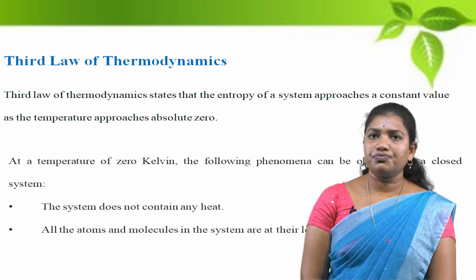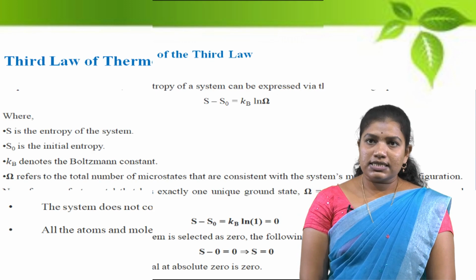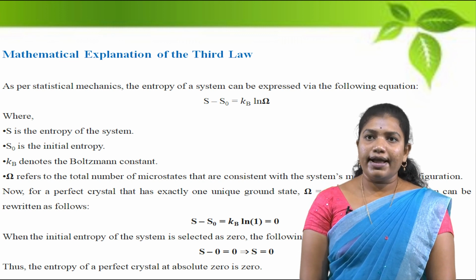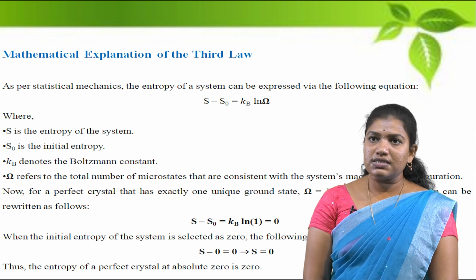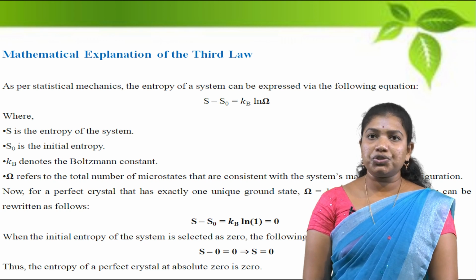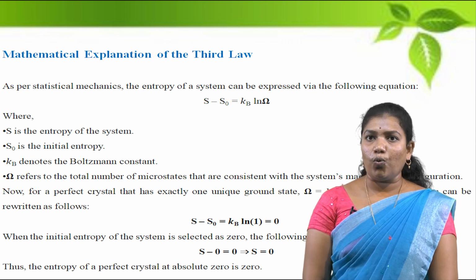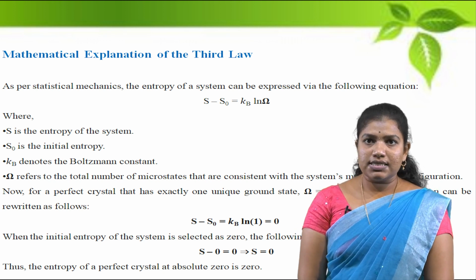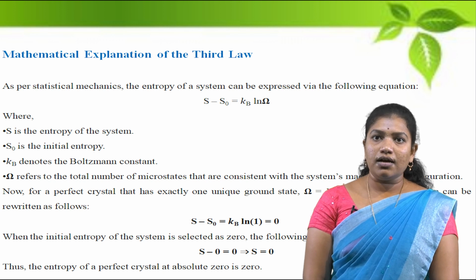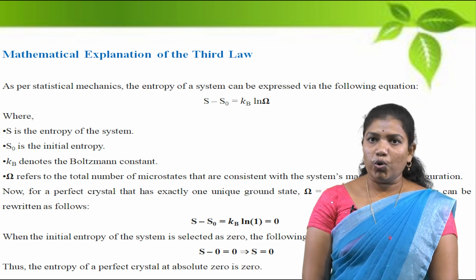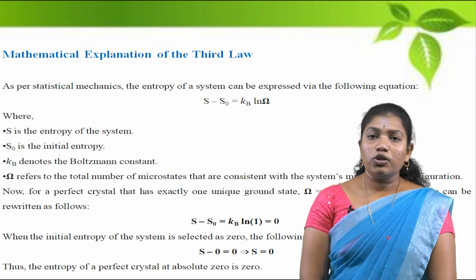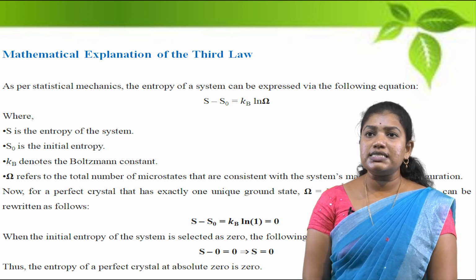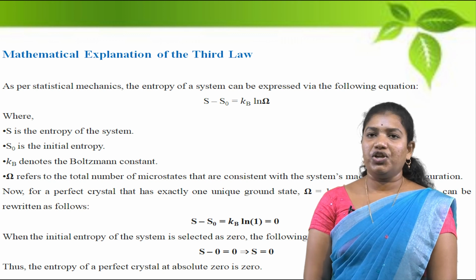This is shown in the figure. Next, the mathematical explanation of the third law. As per statistical mechanics, the entropy of a system can be expressed by the following equation: S minus S0 equals kB ln Ω, where S is the entropy of the system, S0 is the initial entropy, and kB is the Boltzmann constant. Ω refers to the total number of microstates that are consistent with the system's macroscopic configuration.